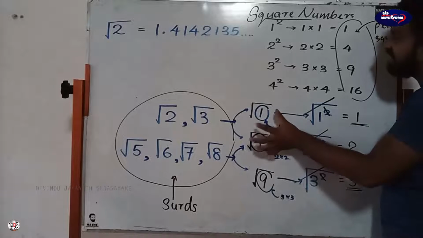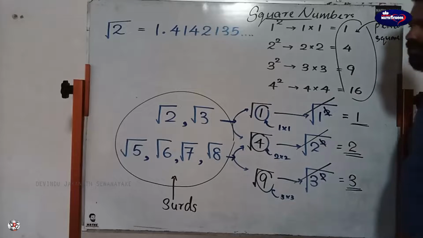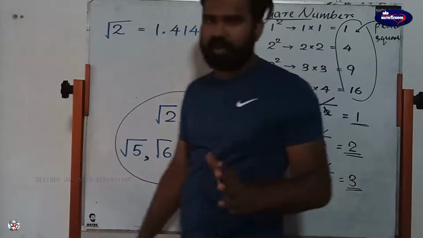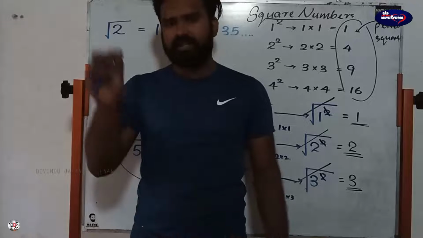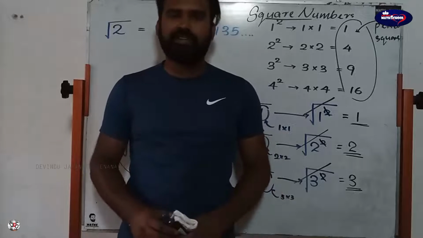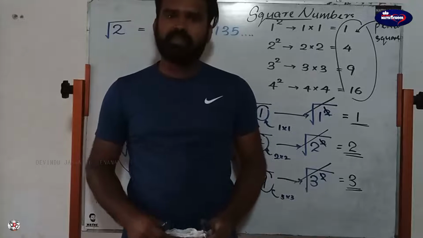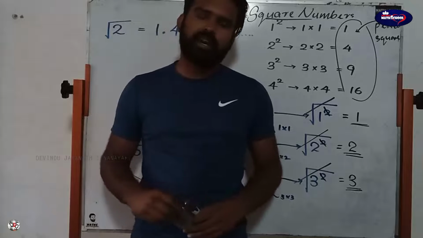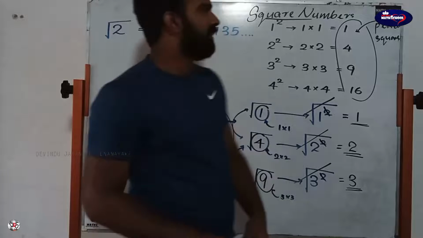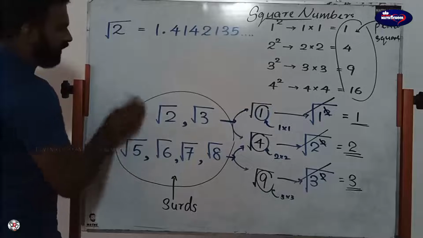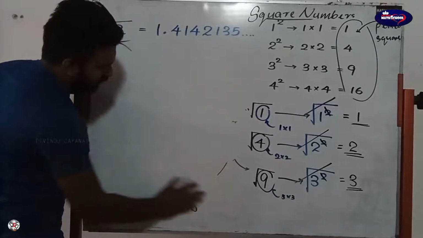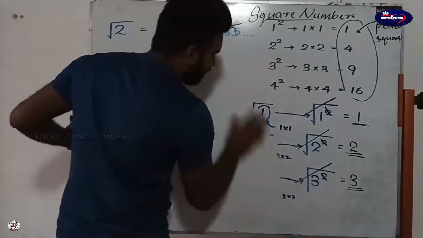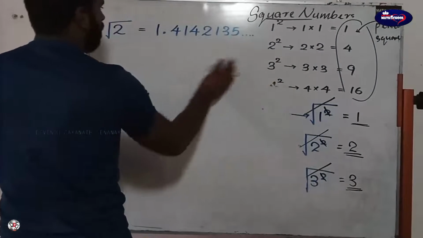So other than the perfect squares, to all the other numbers, if you put the radical sign, you will obtain a surd. Those are the things that we are going to call surds. Finished. That's all. So you know now what surds are. We are going to discuss these things now.